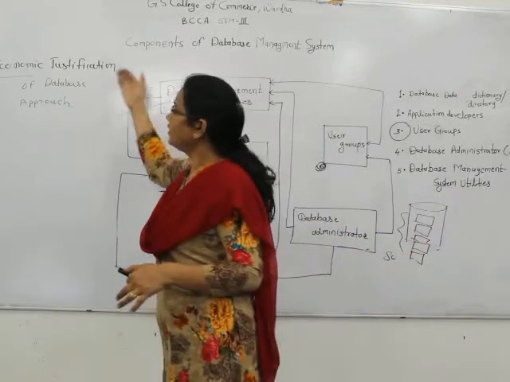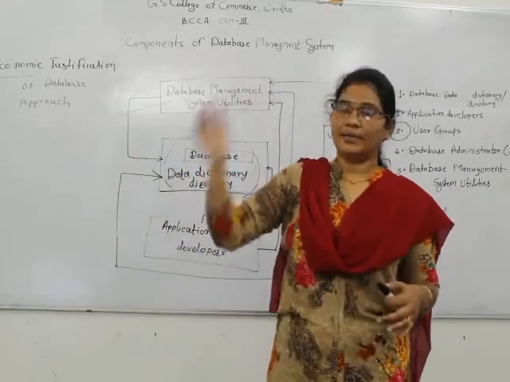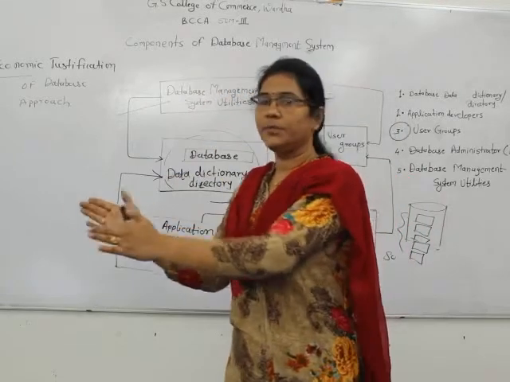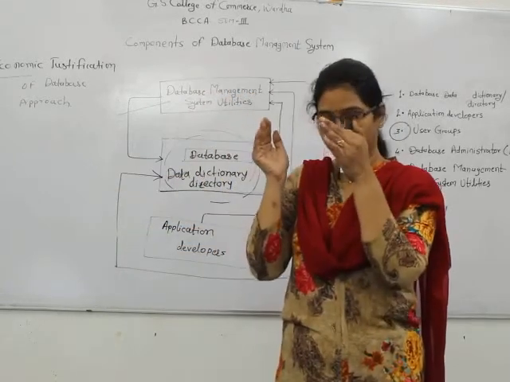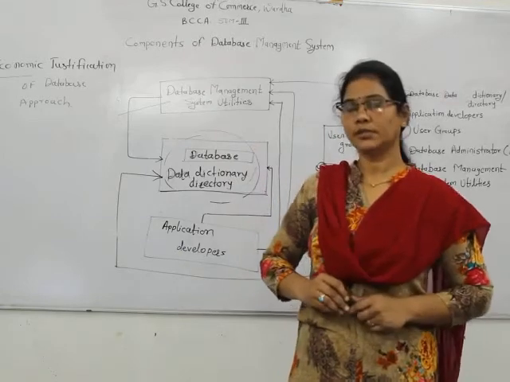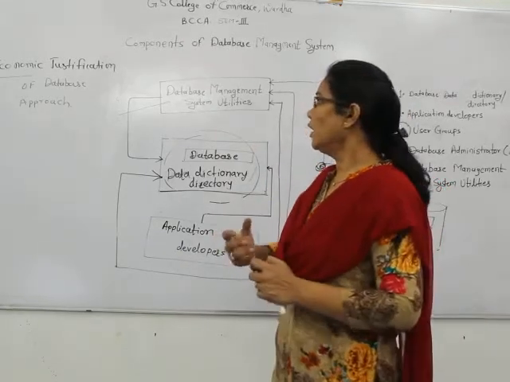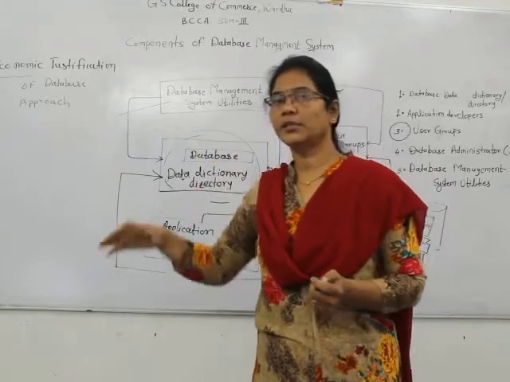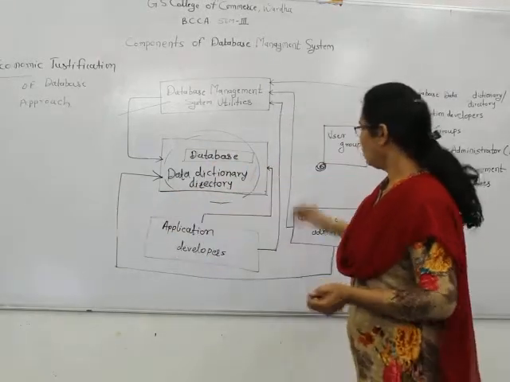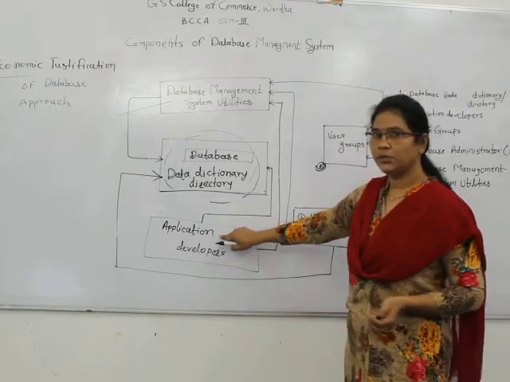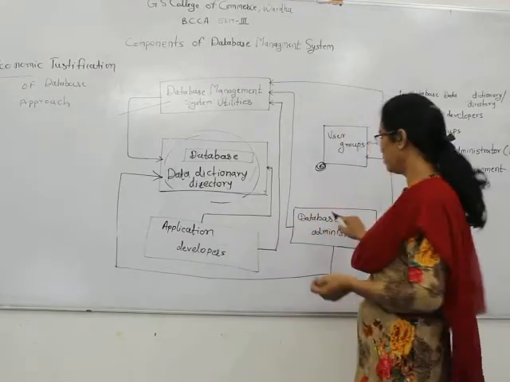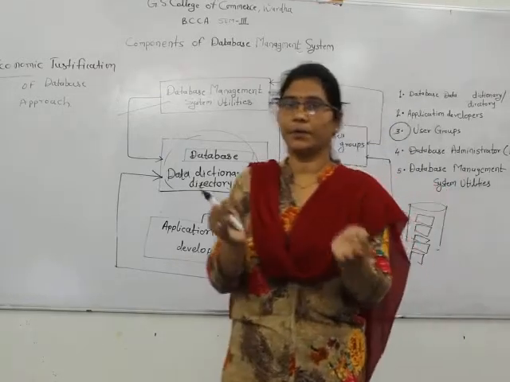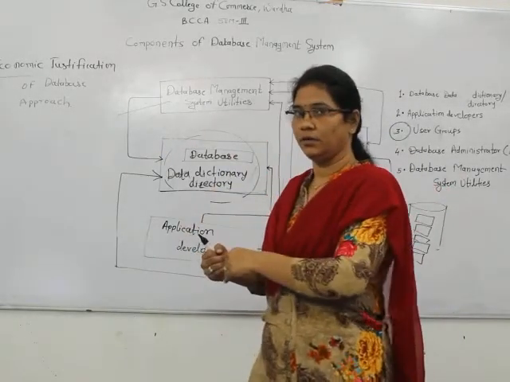So we have to justify whether this particular database system or information system is really useful for our organization or not, or we can say how much money we have to invest in it. Because we use the application developer here, we use the database administrator, and we use lots of people behind designing our system.